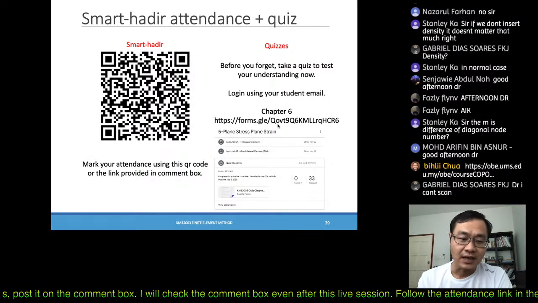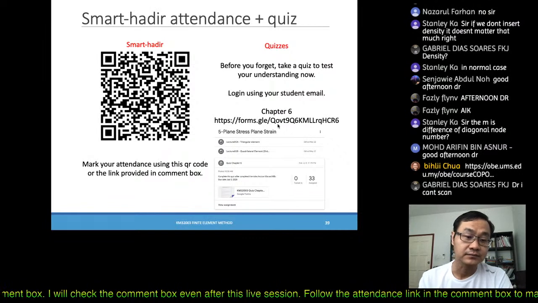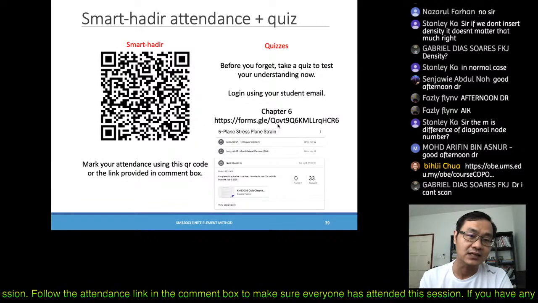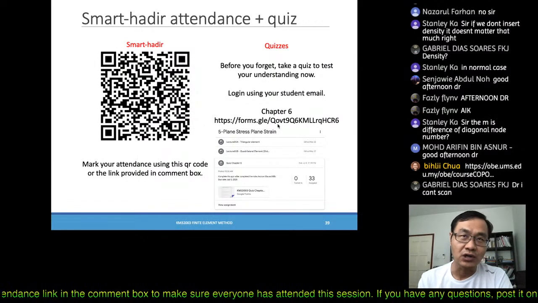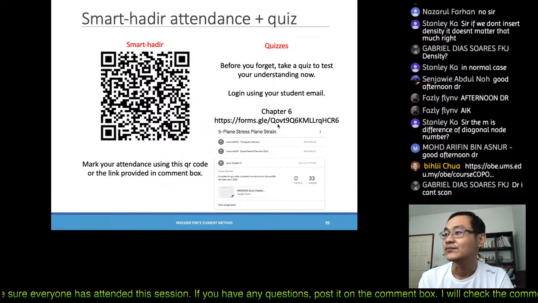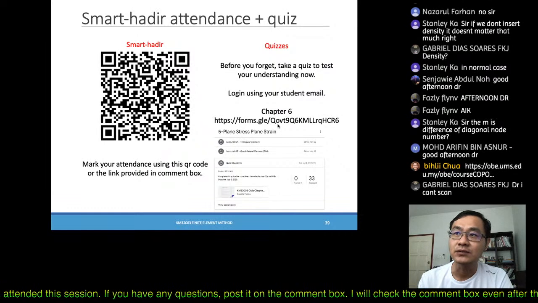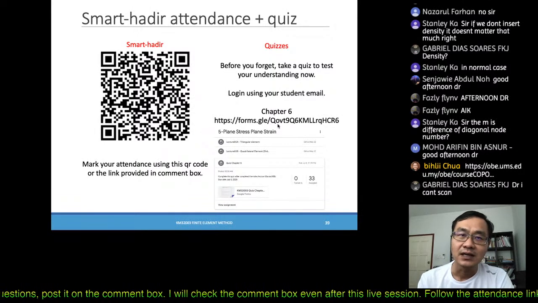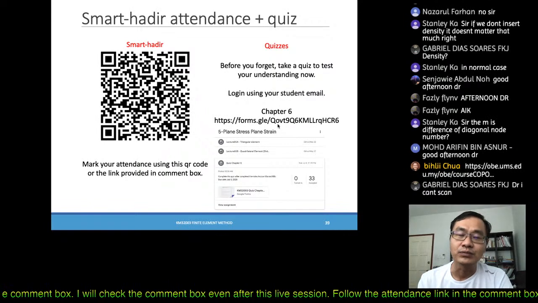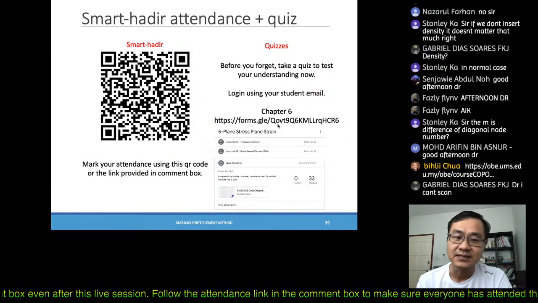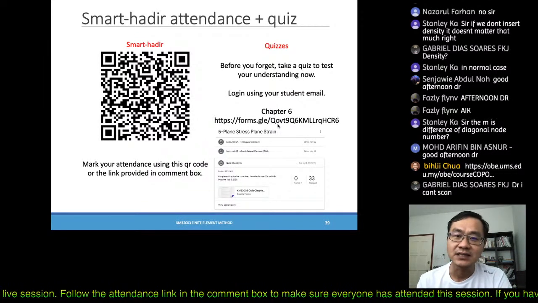So make sure every one of you, if you can't scan, just use the link that I provide. You just click it, and then make sure you log in using your student ID. Same thing for the Google Classroom. Make sure every one of you now tries to log in, because I need to prepare you for the test, which will replace the final exam.